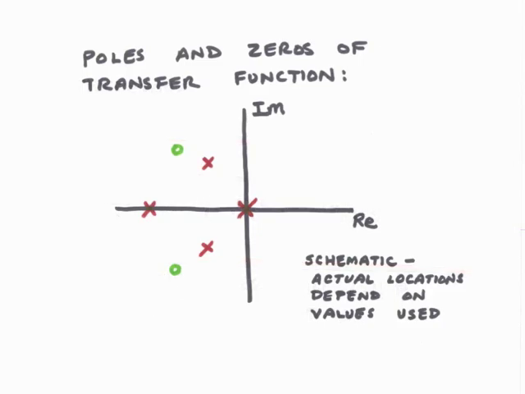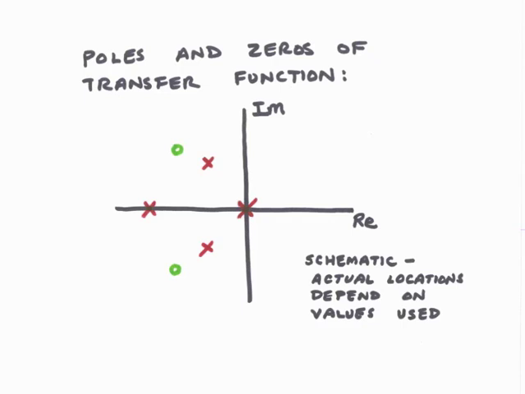Now the exact location of the poles and the zeros is determined by m1, m2, c, and k, and we haven't specified those here. For the purposes of illustration, let's just draw where the poles and zeros might possibly be. I'm showing two zeros in the left half of the complex plane, and they are complex conjugates.